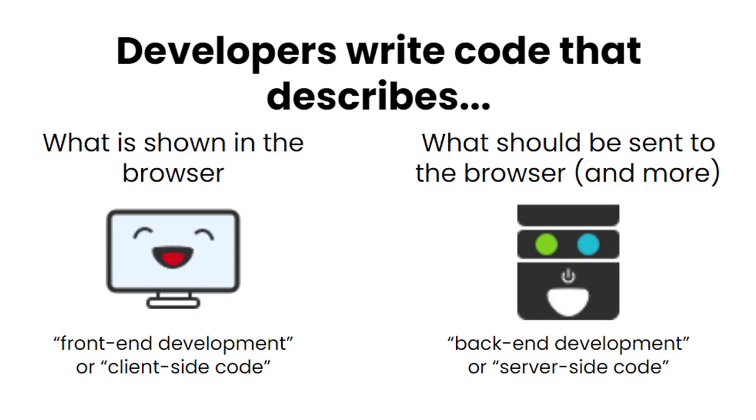The first is what is shown in your browser or on your screen, and the second is what is to be sent to the browser, like from where it has to be sent and what content has to be sent. What is shown in the browser is the front end part or the client side code, whereas what should be sent to the browser is backend development or the server side code. This is how the two are classified: front end development and backend development.